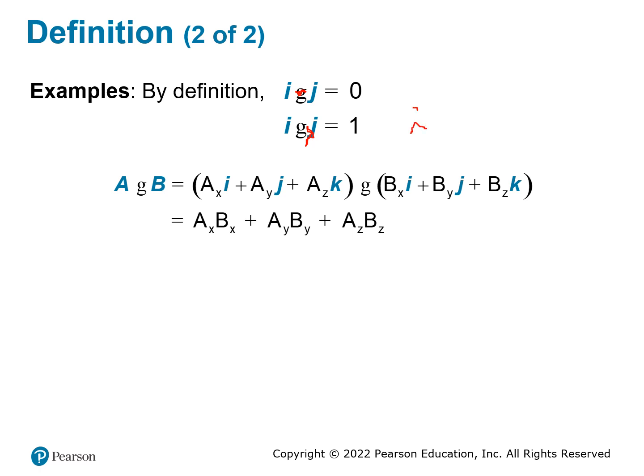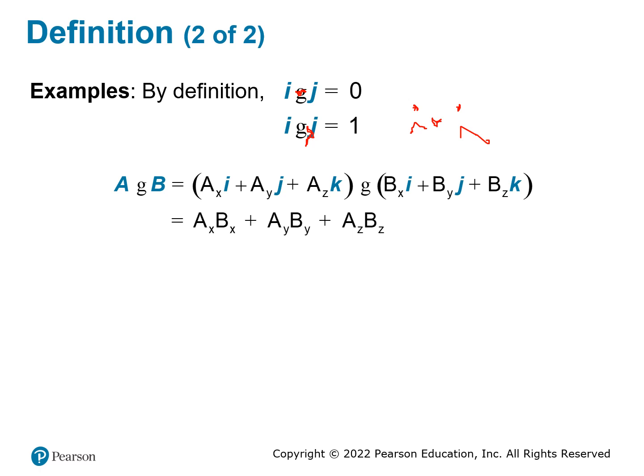Okay, it's hard for me to fix that here. Anyway, if the vectors are parallel to each other, when you do the dot product, the result is going to be the magnitude product. There's no cosine, because that's cosine 0, which is 1.